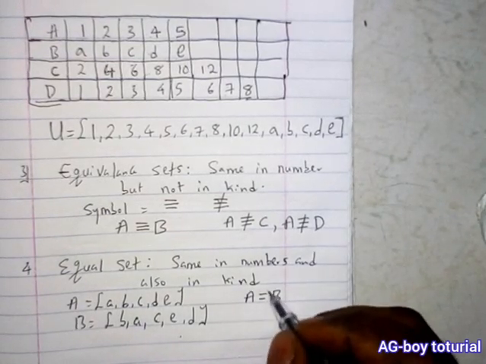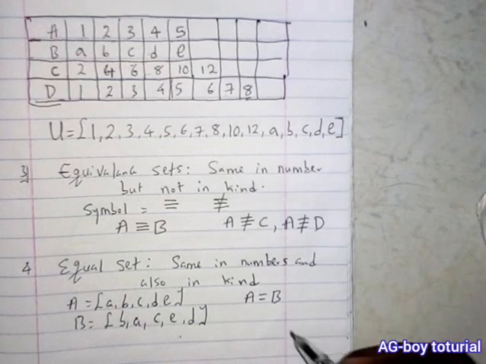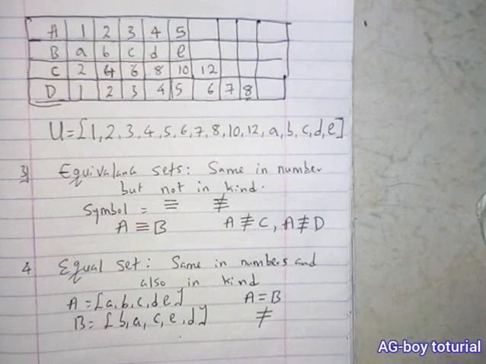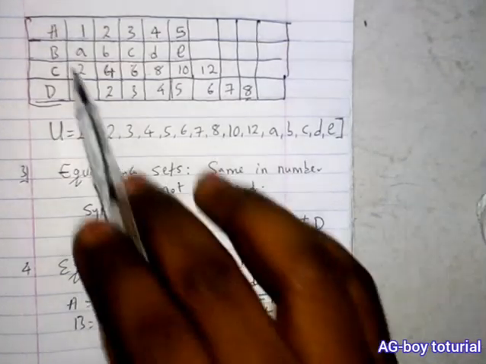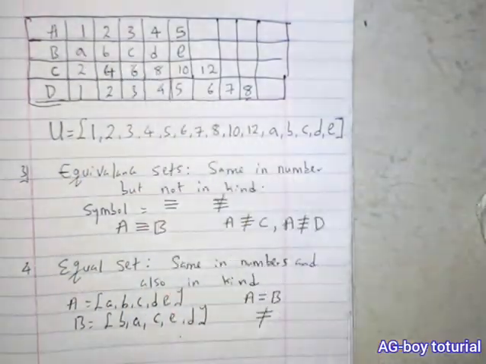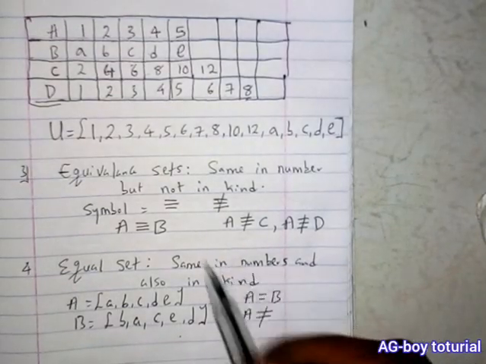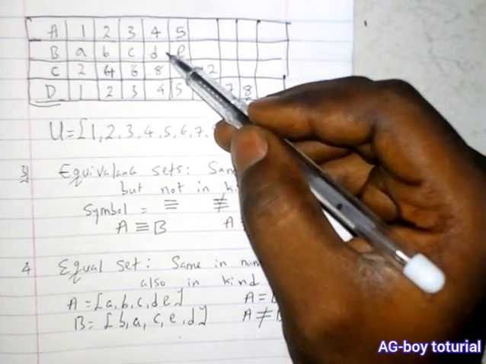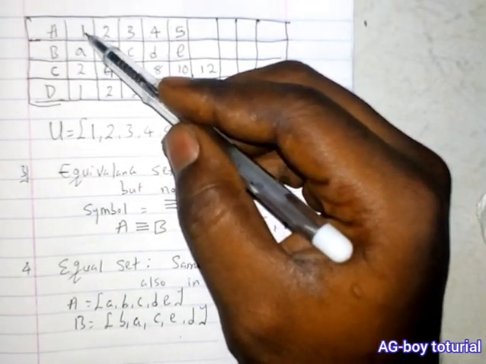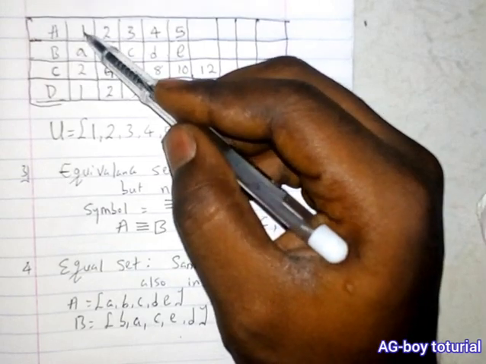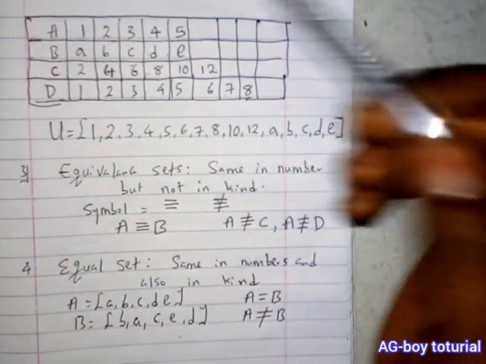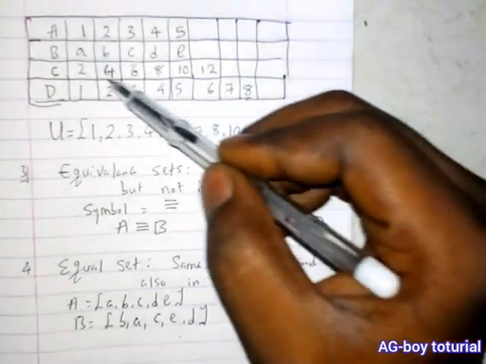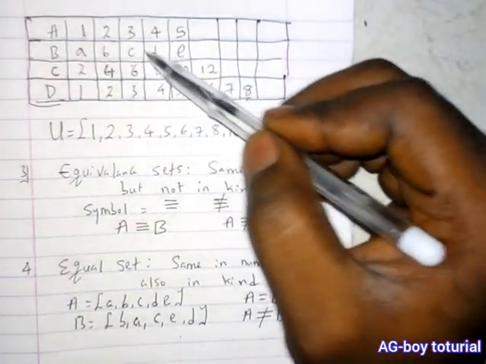So this is the symbol for equal set. But once it's not equal, there is a symbol for it. You have to cross it. So this means it's not equal. For instance, I can say A is not equal to B. A here is not equal to B because this one is a letter, and this is a number. So they are not equal. And also A is not equal to C because these are even numbers.